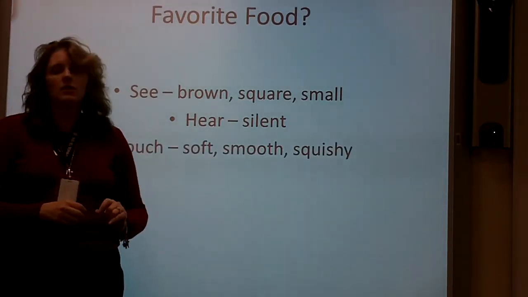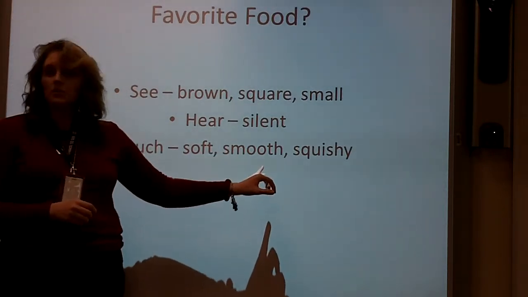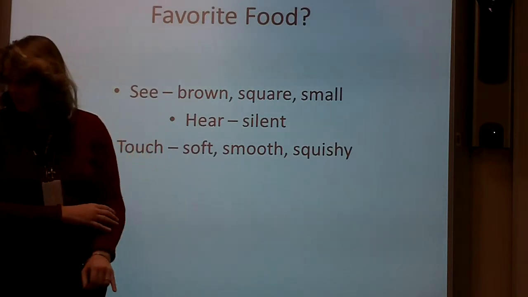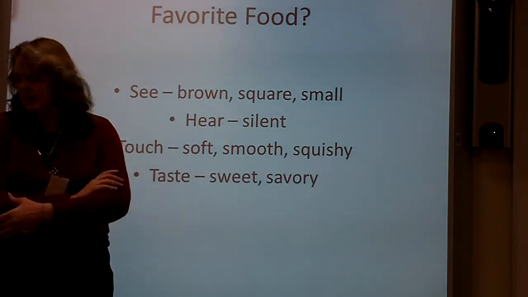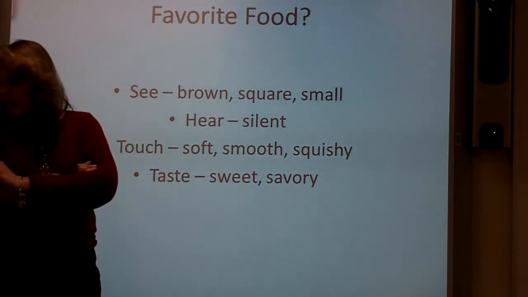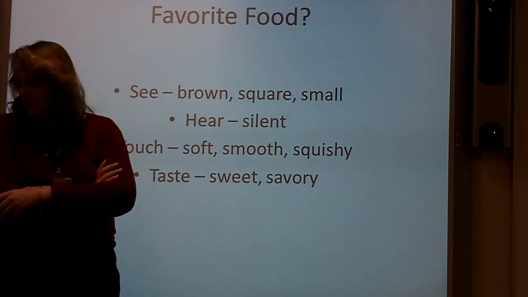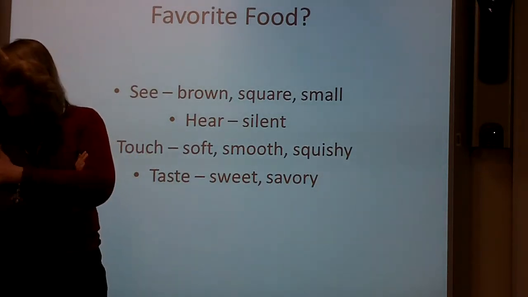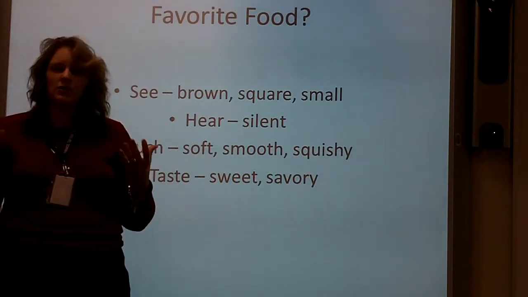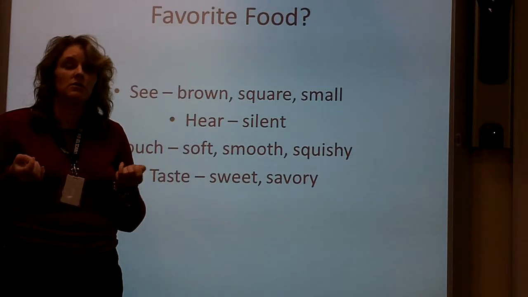Next one is touch. I would say that my food is soft, smooth, and squishy. I would also add taste. Okay, so for me, I'm going to put sweet and savory. Now I can add words like chocolatey, but when we do that, we're starting to sound like we're using nouns, you know, saying, well, my food is chocolate.